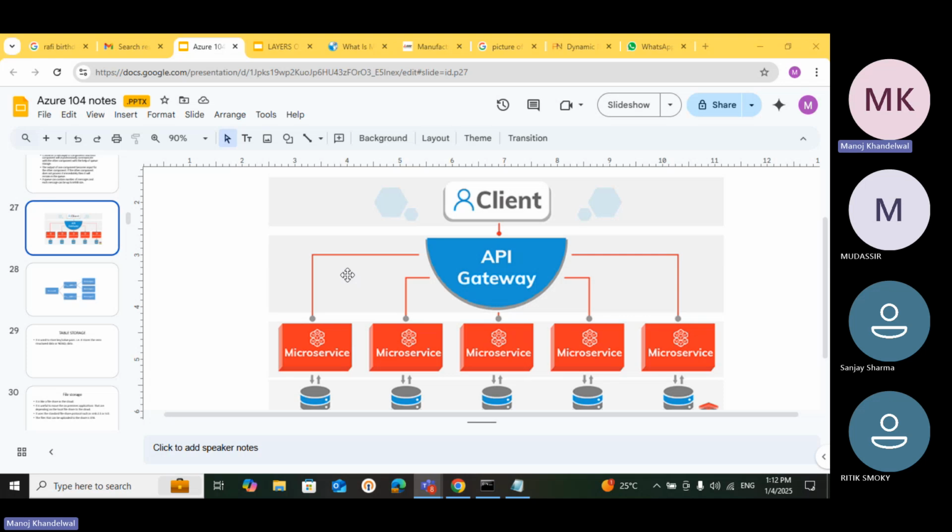You just tell it that for this application to run, you have so many microservices, and each microservice needs this many CPUs and this much memory. It will create those and give them to you. It will manage.